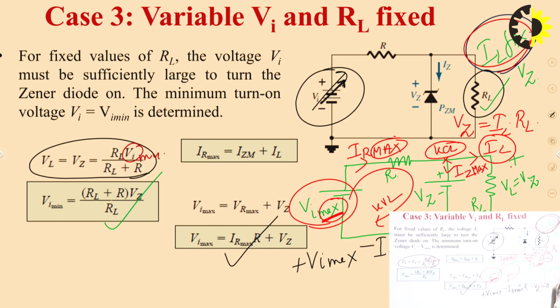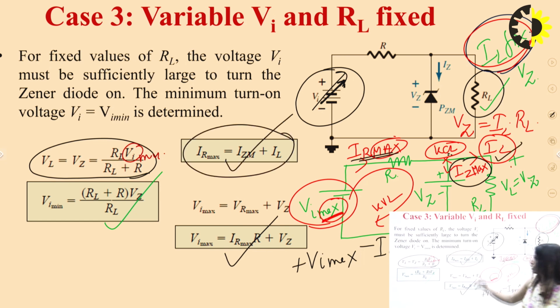Apply KCL to this point: IR maximum is equal to IZ maximum plus IL, and you will get this formula also. So these three formulas will solve your case number 3, which is variable Vi and RL at the fixed value. Here we have these three parts of analysis.